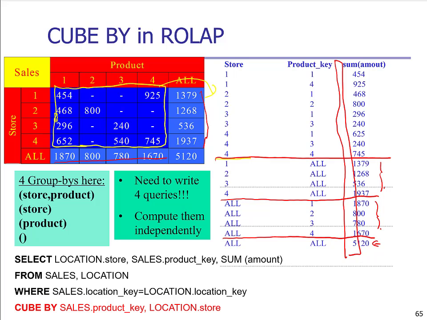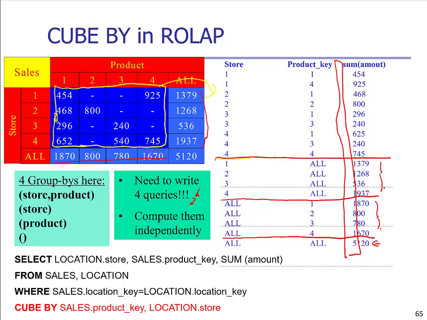And then you group by store, by product, by time, and then you group by nothing. So essentially, how many queries do you need to write in order to build such a cube within a Rollup? The number of queries should be 2 to the power of d, which, if you remember, is exactly the number of cuboids within the cube.